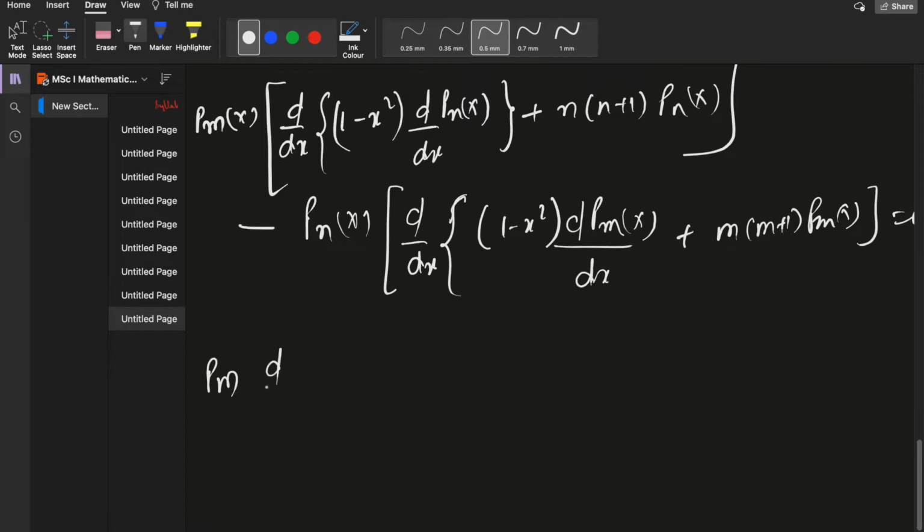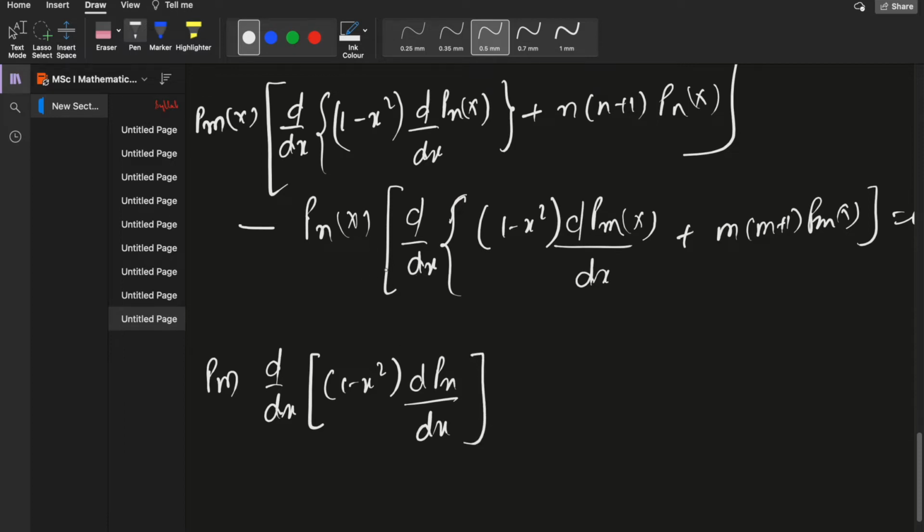So Pm multiplied by d upon dx of (1 minus x square) dPn upon dx, first term.